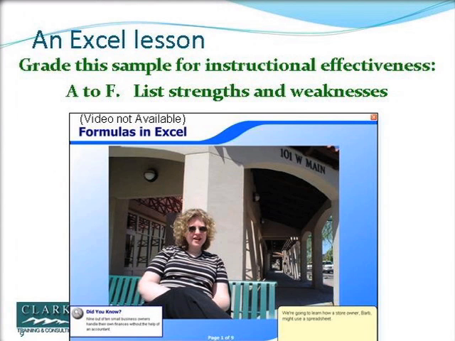We're going to learn how a store owner, Barb, might use a spreadsheet. Barb has entered her sales revenue and her overheads for last year into this spreadsheet. The first thing that Barb would like to know is how much profit she made for each month last year. First, let's enter a label for profit. In cell A6, we'll enter the label profit in thousands of dollars.